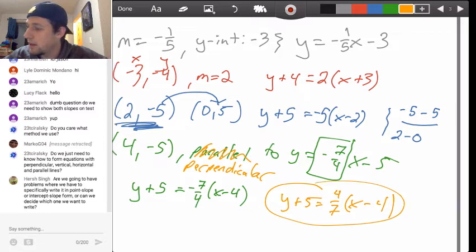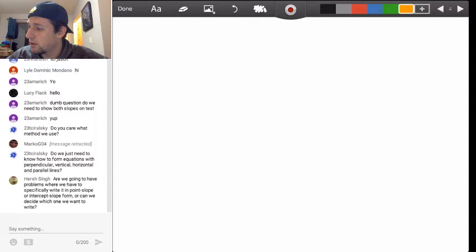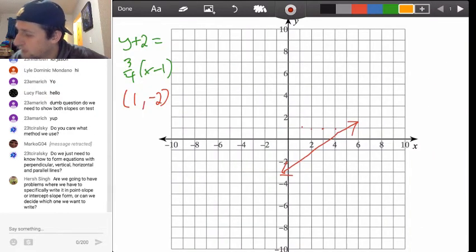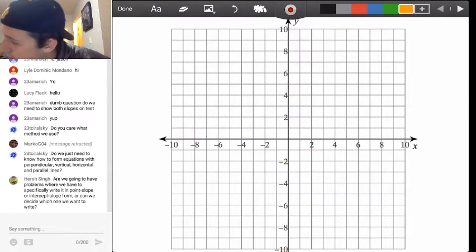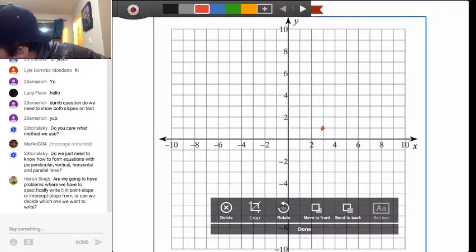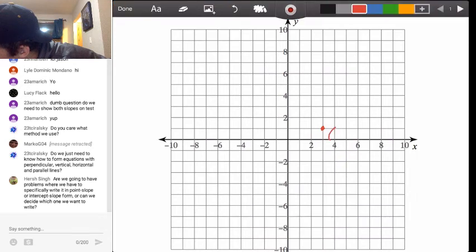The last thing I want to go over is horizontal and vertical lines. I'm going to go back to the graph for this. So if we look at two lines, and let's go here, because that is the point (3, 1).